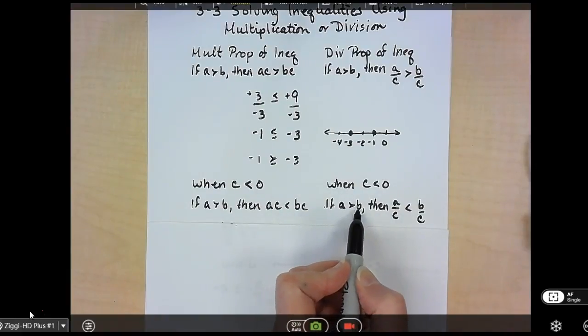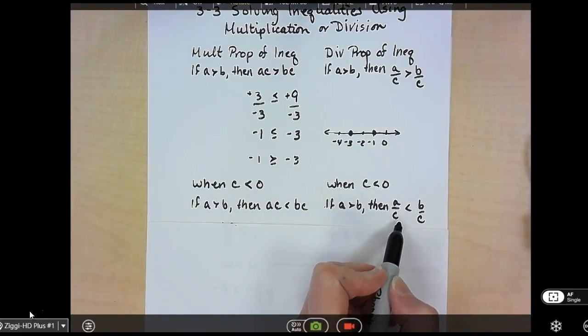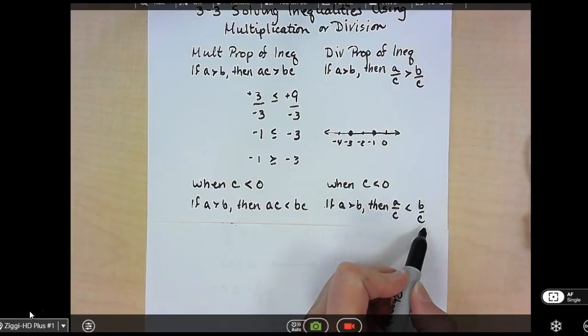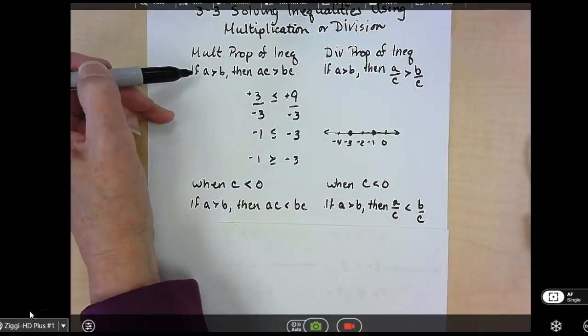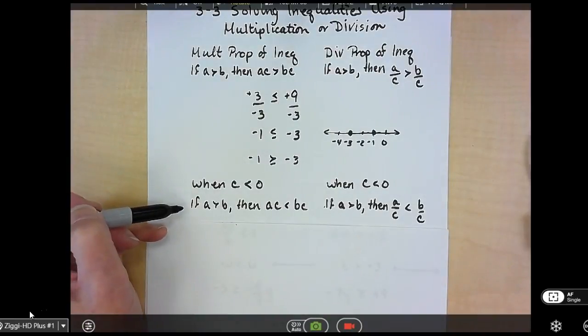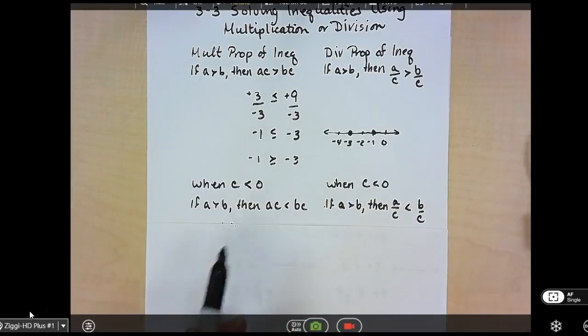So if A is greater than B, then A divided by C is less than B divided by C. Again, up here, C was a positive number. Down here, C is a negative number. When we divide by that negative, we have to switch the inequality.